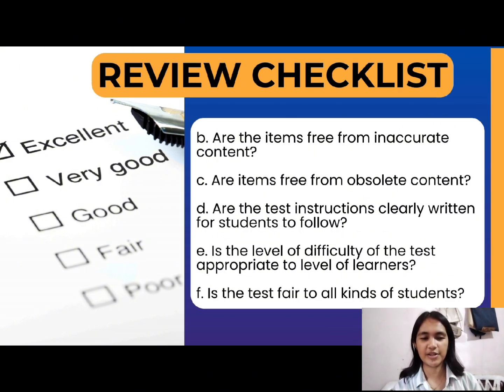B. Are the items free from inaccurate content? C. Are the items free from obsolete content? D. Are the test instructions clearly written for students to follow? E. Is the level of difficulty of the test appropriate to the level of learners? And last, is the test fair to all kinds of students?